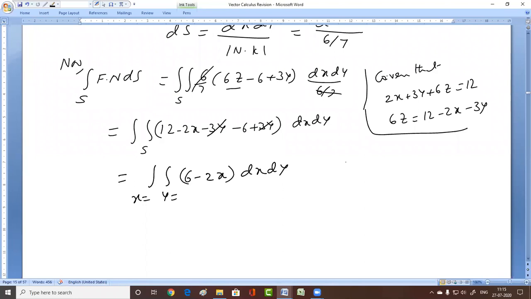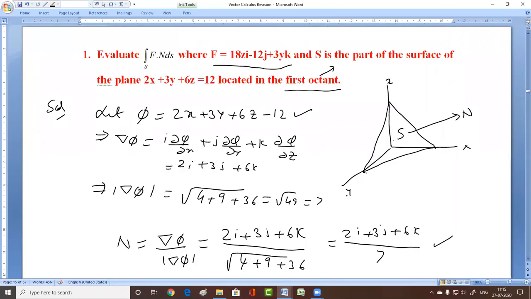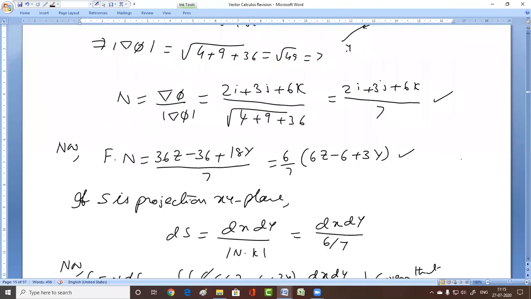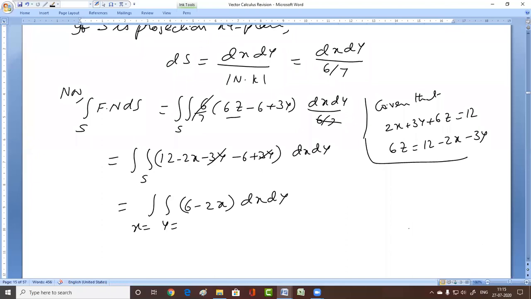In the xy plane, if you observe this diagram, our plane projected on the xy plane is this shaded region. In this region there is no z term, so just remove z from the plane equation: 2x plus 3y equals 12.